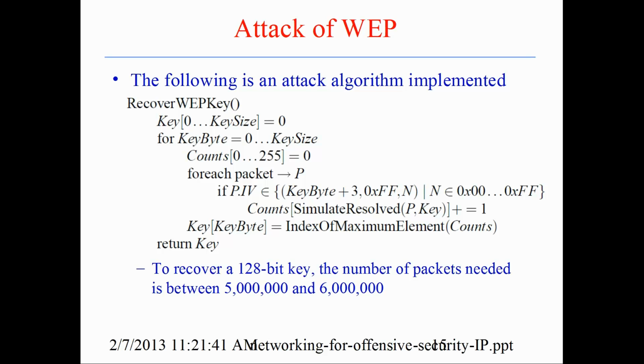This is effectively the algorithm in about 10 lines of pseudocode to break it, and essentially one of the main weaknesses is the initialization vector or injection vector, I forget what it's called. The IV ranges from bytes 00 to FF, and effectively this is used in the XOR, and XORing something with 00 doesn't do anything.